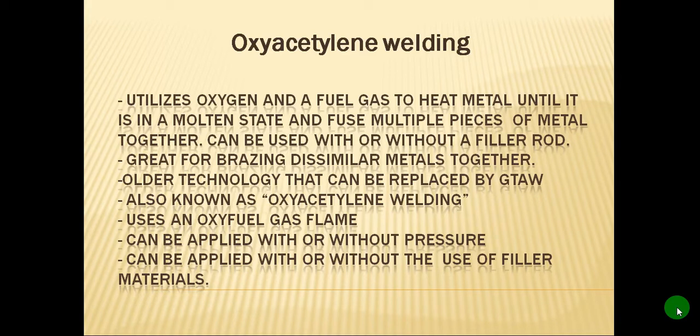Older technology that can be replaced by other processes. OAW, also known as oxyacetylene welding, uses an oxy-fuel gas flame. Can be applied with or without pressure. Can be applied with or without the use of filler materials.